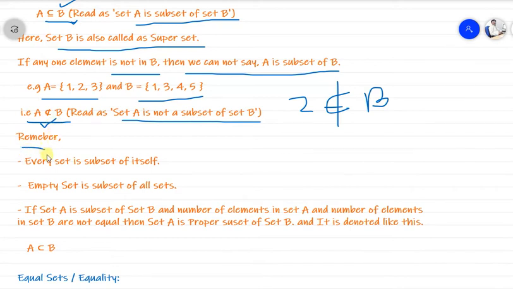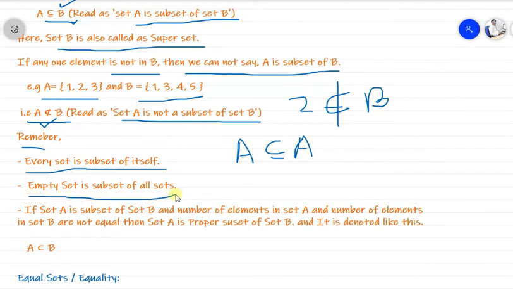Now remember, every set is a subset of itself. Can I say A is a subset of A? Yes, A is a subset of set A. Can I say the empty set is a subset of all sets? Yes, the empty set means phi. Phi is a subset of any set.